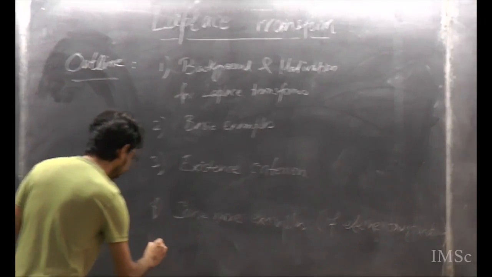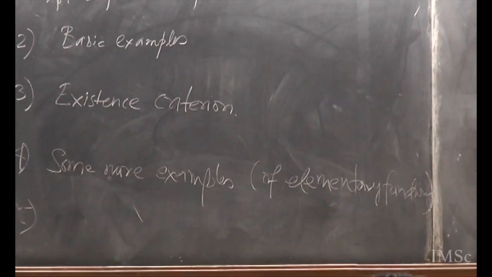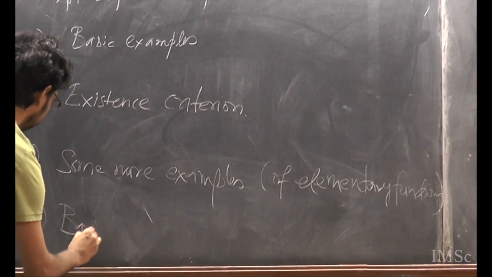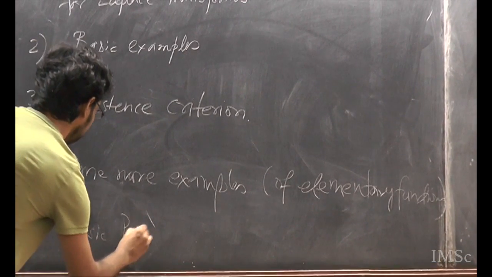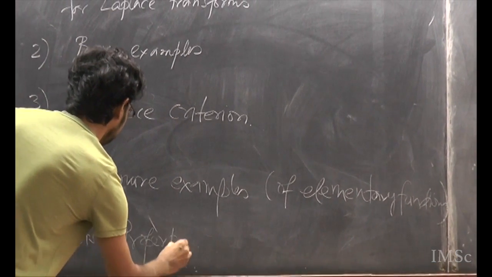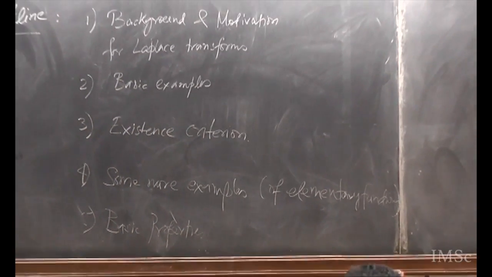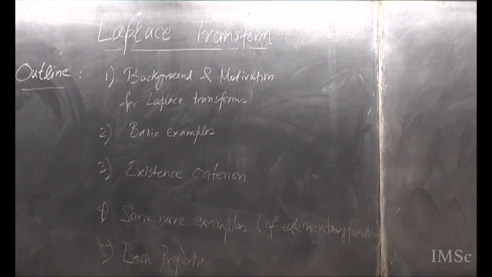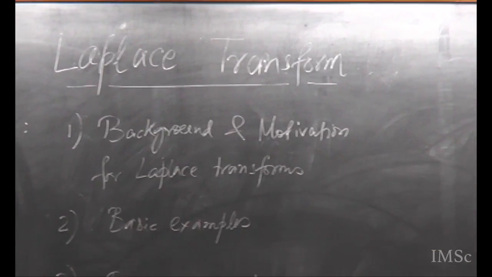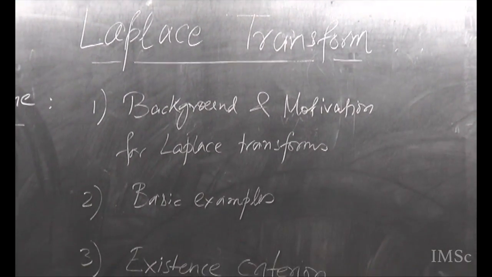And if we have time today, then I can discuss some basic properties of Laplace transforms. So this will be the general outline. You can stop me anytime during the lecture to ask questions.